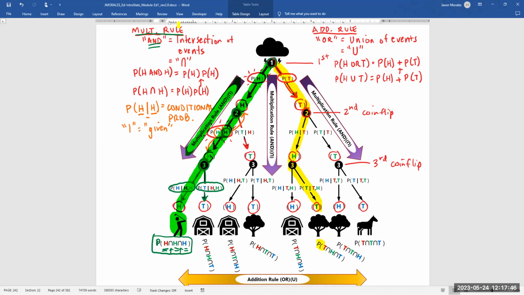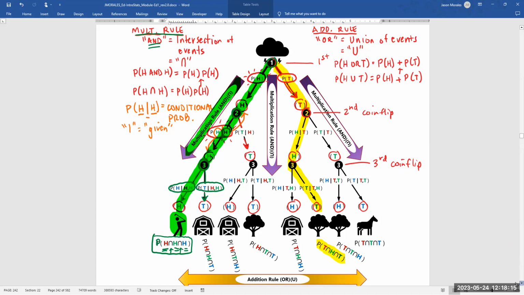That's the probability of tails and heads and tails. So we just multiply those 3 probabilities together to get the resultant probability of getting tails, heads, and tails. So that's how the multiplication rule is defined in a tree diagram. You just multiply the probabilities across connecting branches.